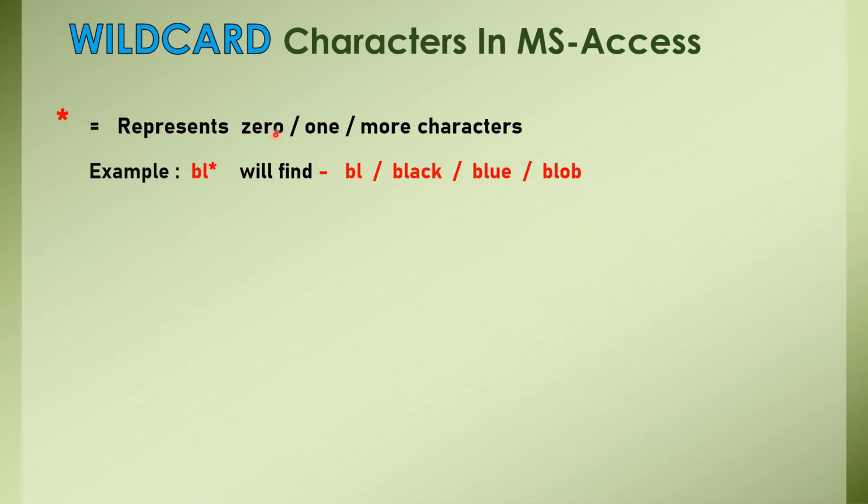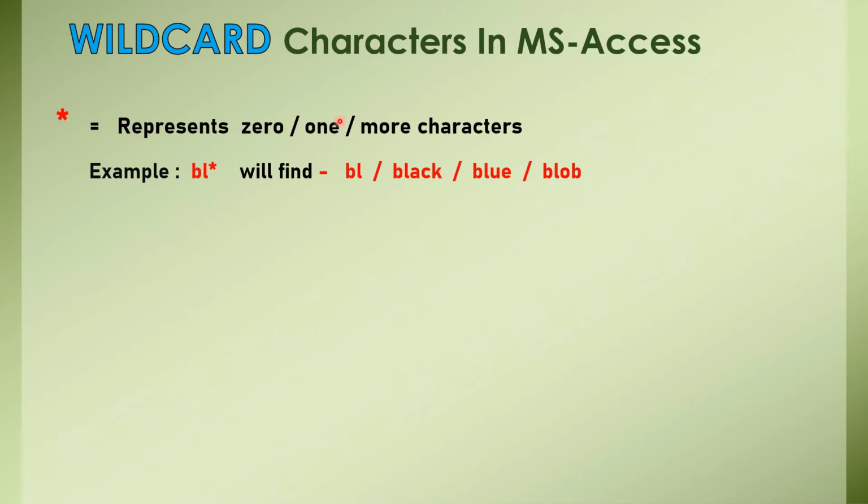It represents 0, 1 or more characters. Whenever you write star, suppose for example you write BL star. In any particular column there can be lots of values, and BL star will match these values. If the value is BL, that means it represents 0 characters after BL, and this is accepted.